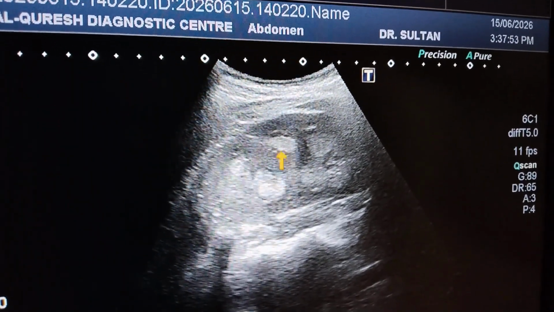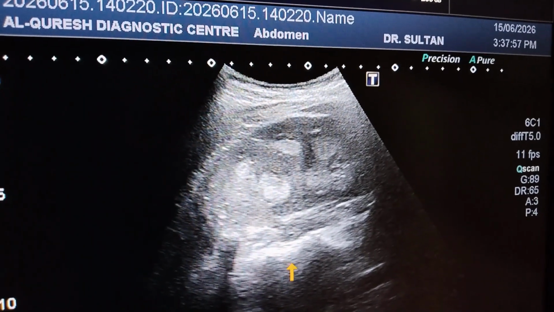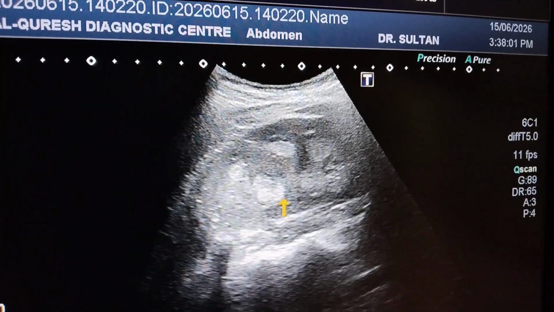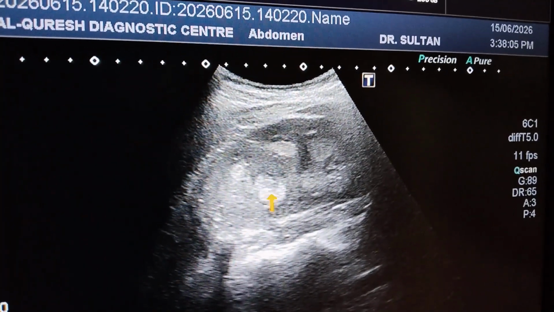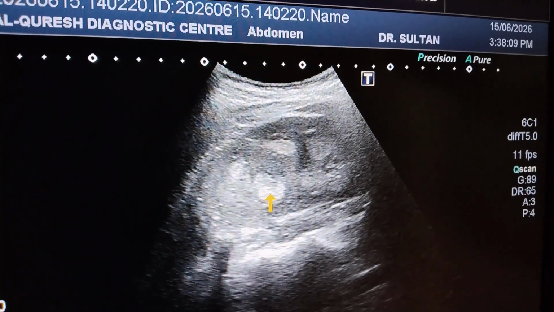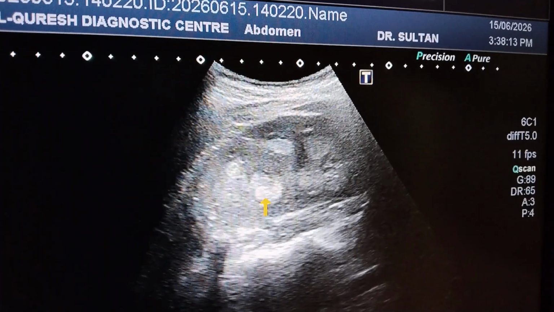And cortex is on the anterior side and the posterior side. So this is the anterior cortex and this is the posterior cortex. Same is with the pyramids. We call it medullary pyramids.